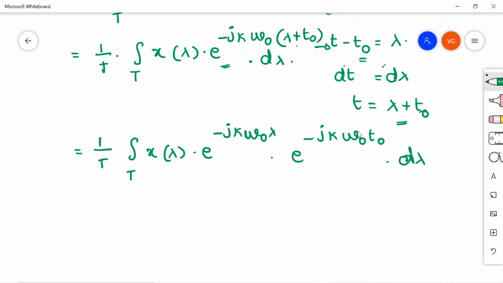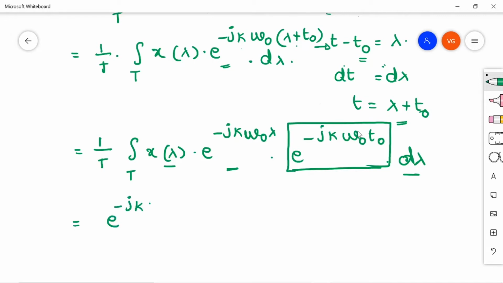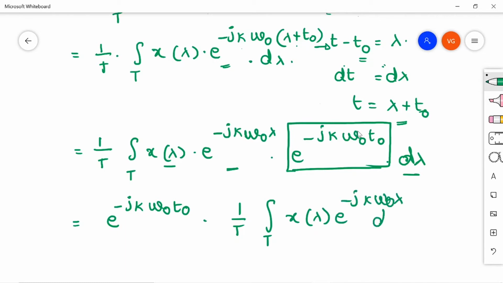As this integration is over lambda, the lambda terms I am keeping inside, and the term that is related to t naught is now constant, that you can write outside. So I am writing e power minus jk omega naught t naught, 1 by T integral over T x of lambda e power minus jk omega naught lambda d lambda, right?